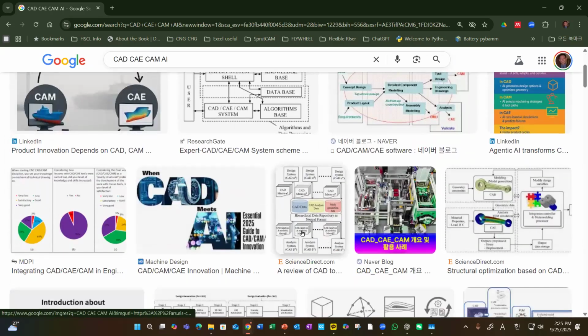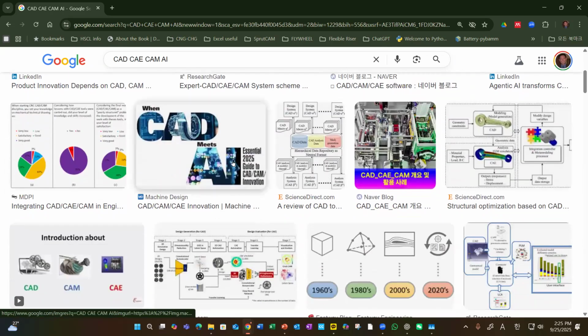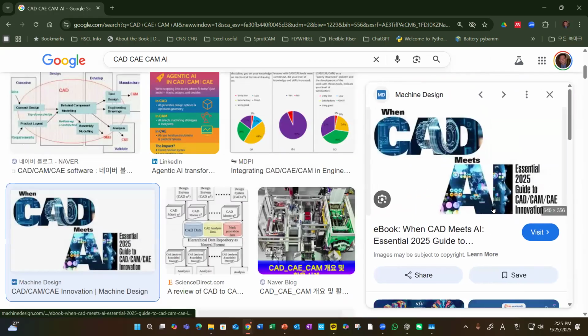When CAD meets AI, essential 2025. This is a new concept and new trend which occurs everywhere in the world, not just now, but in the future as well.